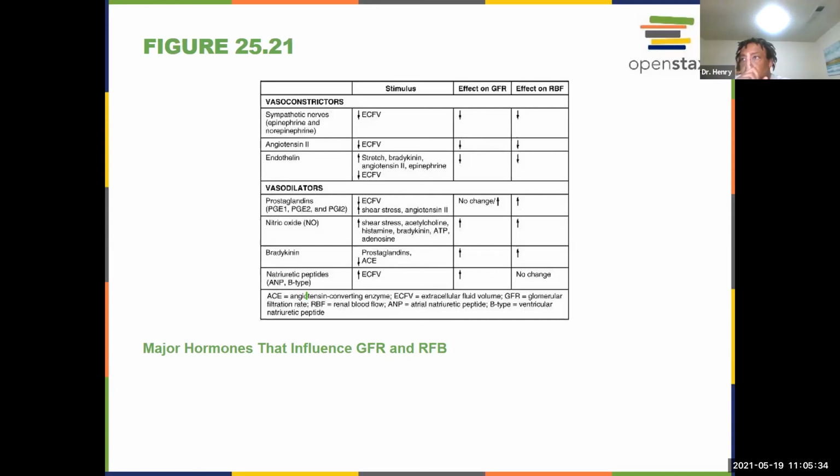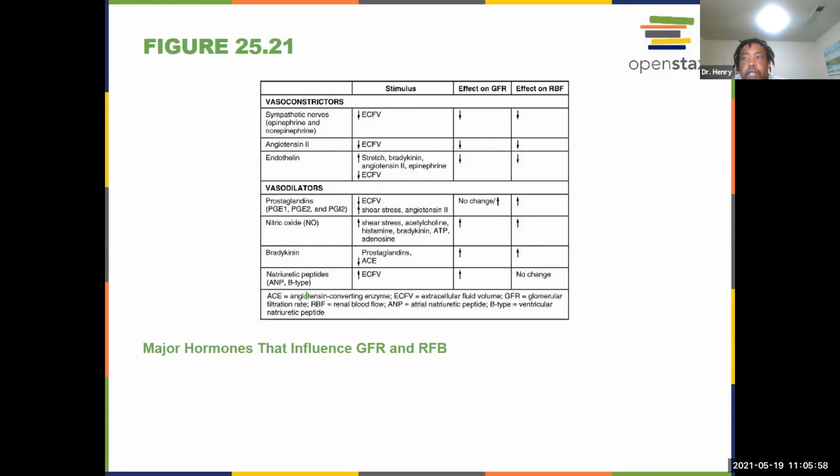You're going to increase your angiotensin 2, and you're going to increase your epinephrine. And that's just going to cause your ECF to decrease, and then your GFR to decrease, and so on.